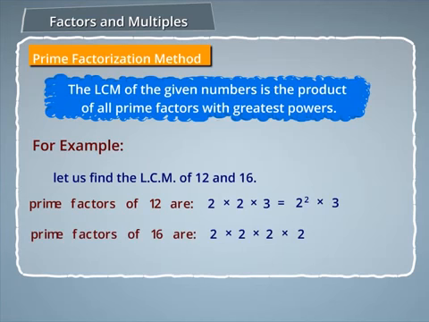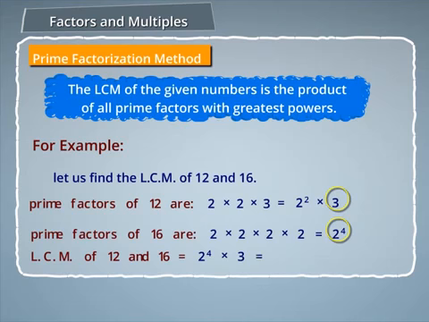The prime factors of 16 are 2 into 2 into 2 into 2 is equal to 2 raised to the power 4. Here, 2 raised to the power 4 and 3 are the greatest powers of 2 and 3. So, the LCM of 12 and 16 is equal to 2 raised to the power 4 into 3, which gives us 16 into 3, which is equal to 48.